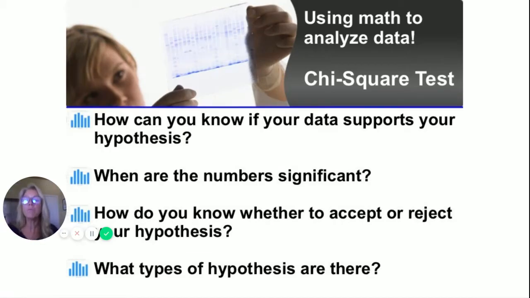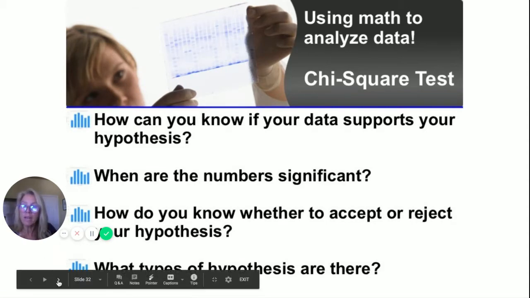So how do you know if you've written this hypothesis and now you have your numbers? How do you know if your data supports your hypothesis or doesn't support your hypothesis? When are the numbers becoming significant? How do you know whether to accept or reject your hypothesis? And what types of hypotheses are there? So let's take a look at that.